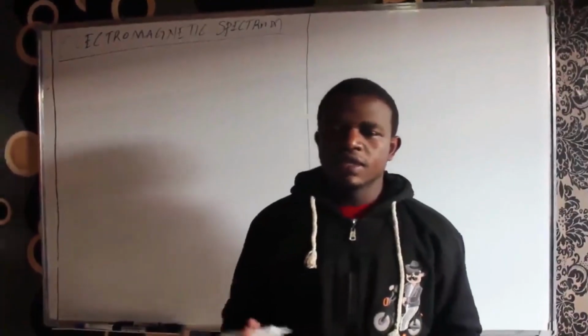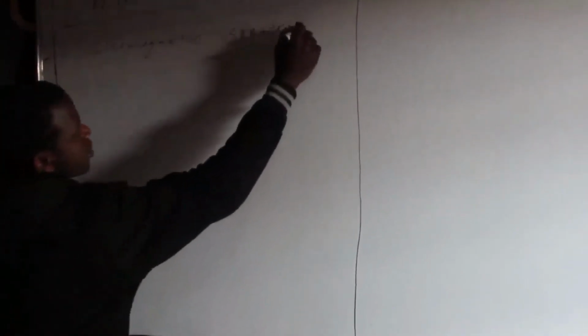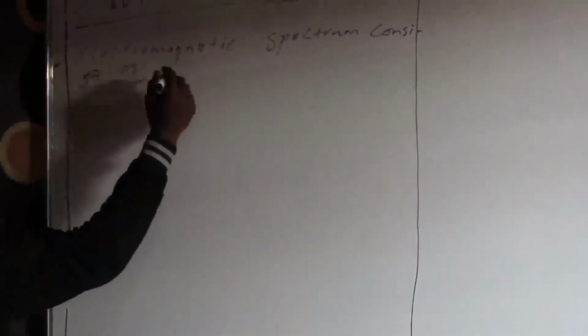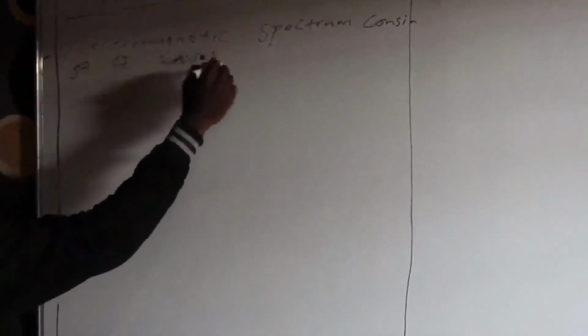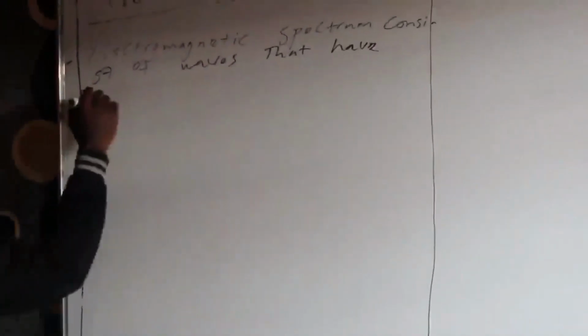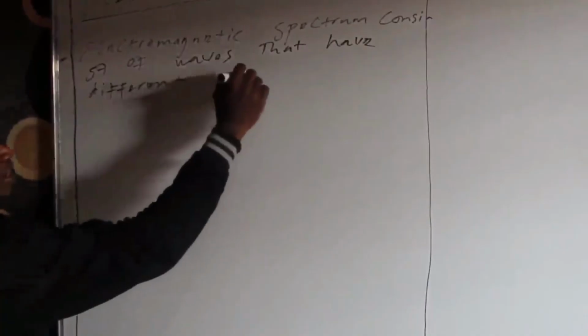So let me just write these points down. The electromagnetic spectrum consists of waves that have different wavelengths.